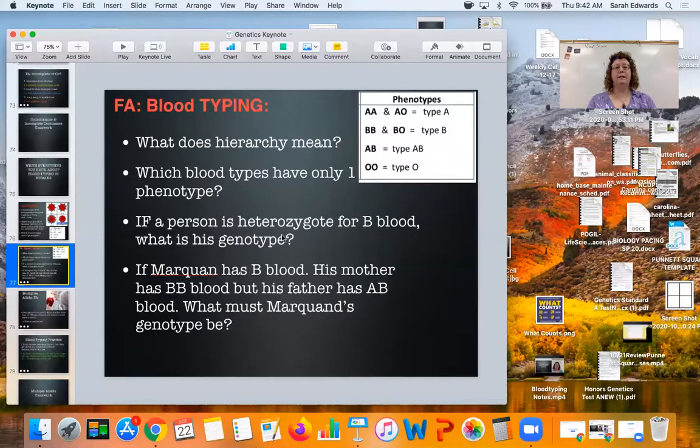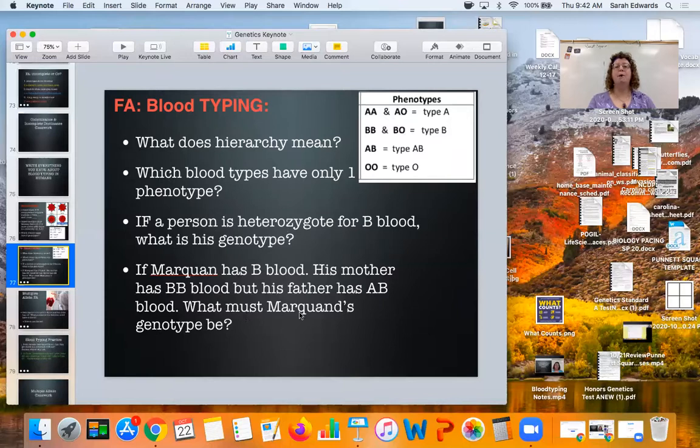So we've already discussed this one. If you're heterozygous for B blood, one parent gave you a B, one parent gave you an O. All right, let's look at Marquand. He has B blood. His mother is homozygous dominant B, but his father is AB.